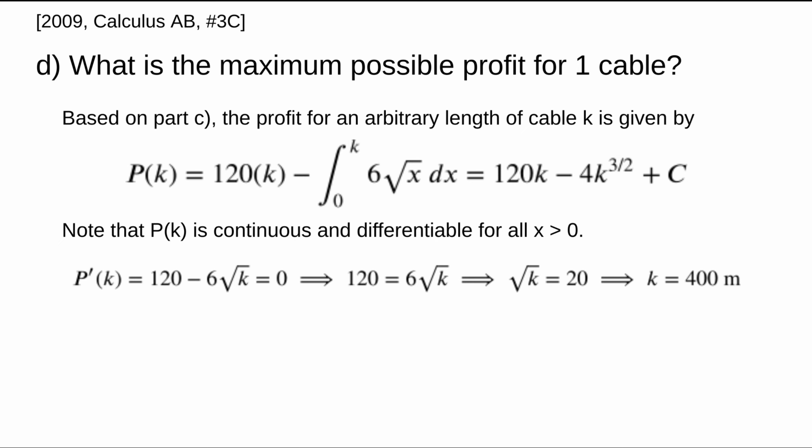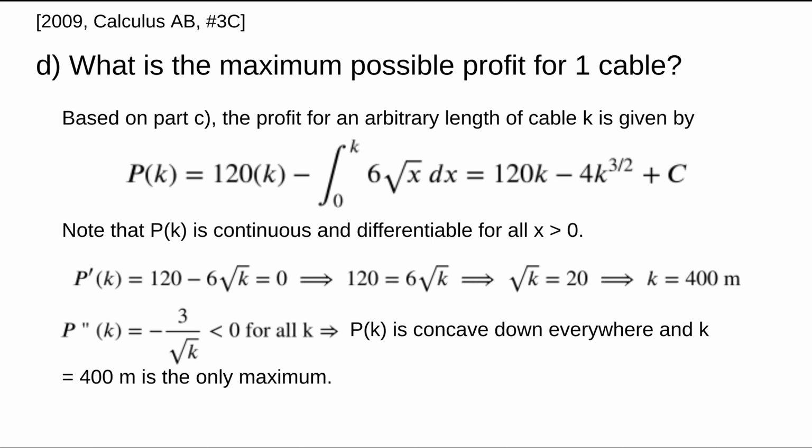And if that's the case, there's no endpoint greater than 400. And then, the profit on a 0 meter cable is going to be 0. So probably not going to happen at 0 either. So there's reason to believe that the maximum profit is going to be at 400 meters.